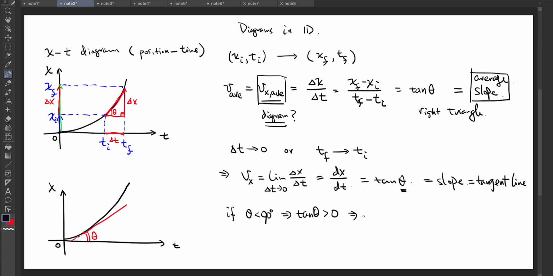And that would mean Vx is positive. Meaning at this instant, the direction of the velocity is along the positive x-axis. Or you can say the object at this instant is moving toward the right side. Moving to the right.